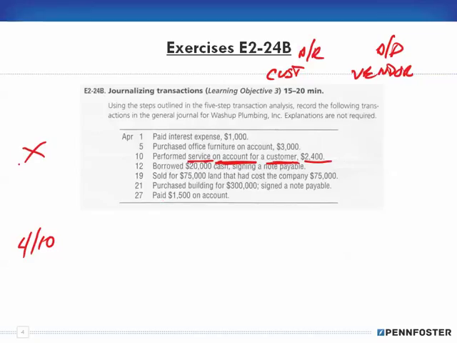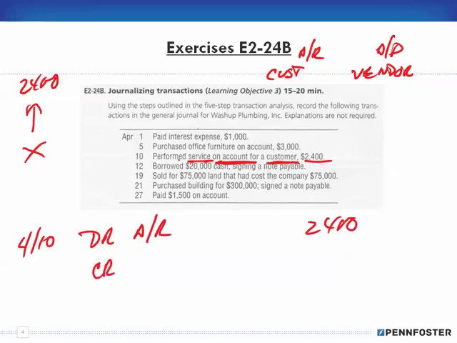If this was the amount of my accounts receivable, and I'm billing them an additional $2,400, that means my accounts receivable is increasing, and I treat accounts receivable the same way I treat cash. Okay, so I'm going to debit accounts receivable for $2,400, and I'm going to credit something else. Well, that something else is performing a service, so that would be service revenue for $2,400. That's that entry.